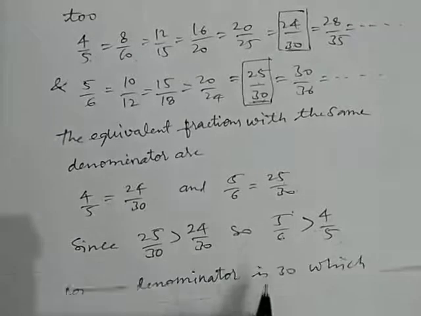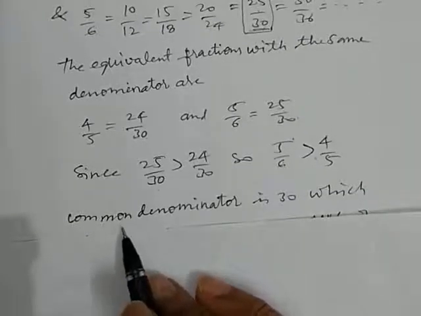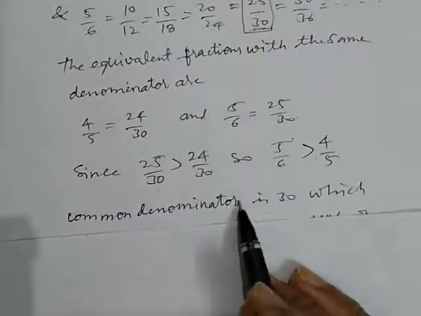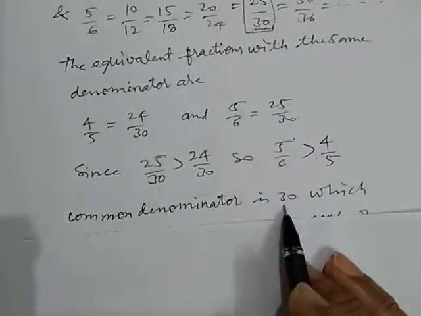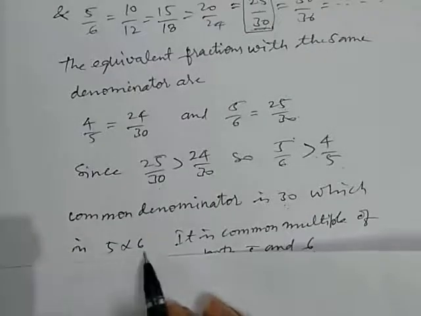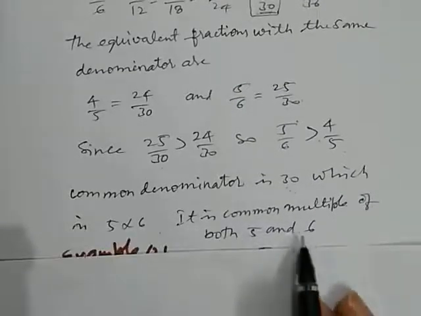So this way we can compare. Here the common denominator is 30. So we have to find the equivalent fractions which have a common denominator. But how can this common denominator be found? 5 into 6 is the factors. So the common multiple is 5 into 6. It is a common multiple of both 5 and 6.